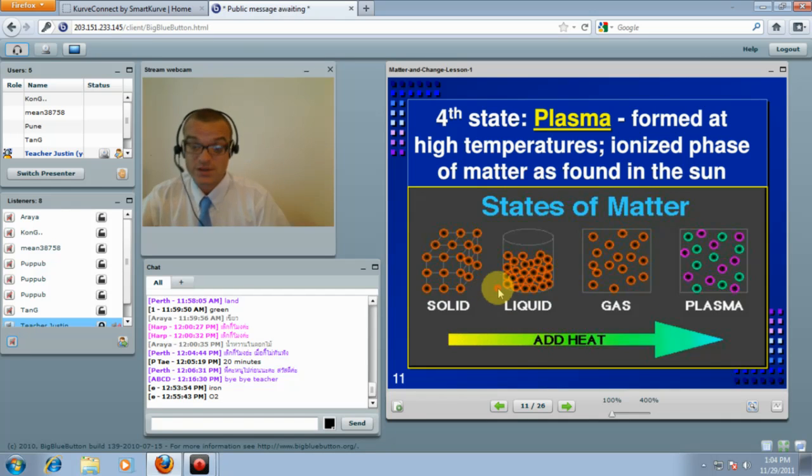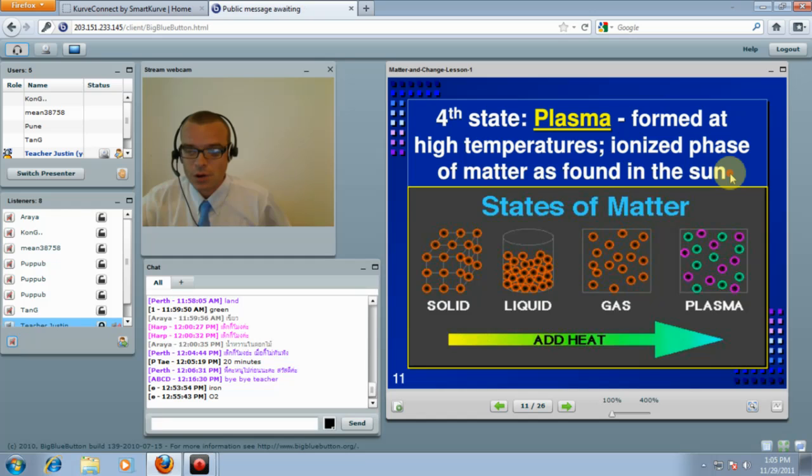The fourth state of matter would be a plasma. Now, this is not common on the Earth. You can see it in the atmosphere sometimes, but plasma is formed at very, very high temperatures. The ionized phase of matter, and you'll find it in the sun.